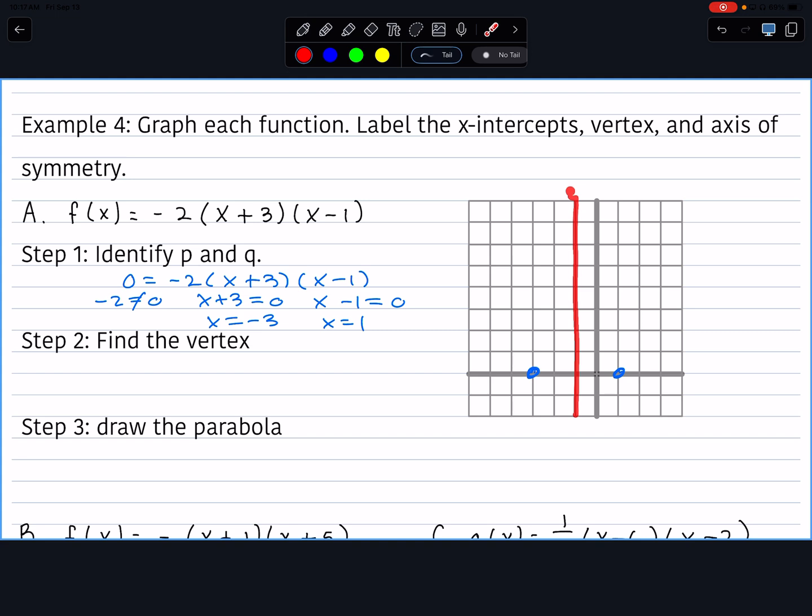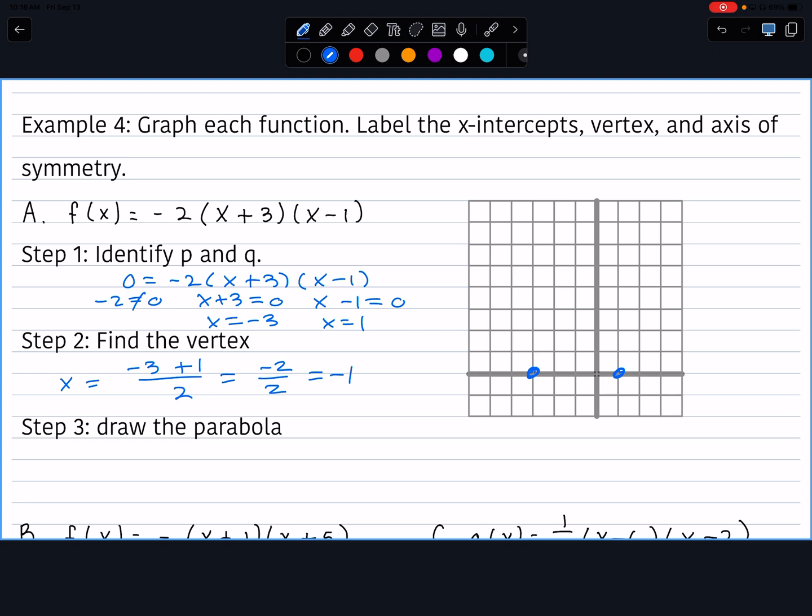Now, sometimes we can't do it visually, so they gave us a formula. All we're going to do is take our numbers, add them together, so the x-intercepts that we found, divide by 2. We're taking the average. Again, a lot of times we can just find this visually, but you don't need to, you can do it mathematically.